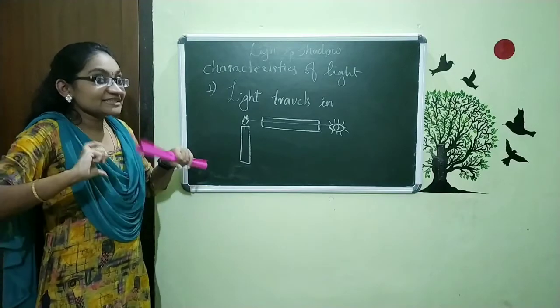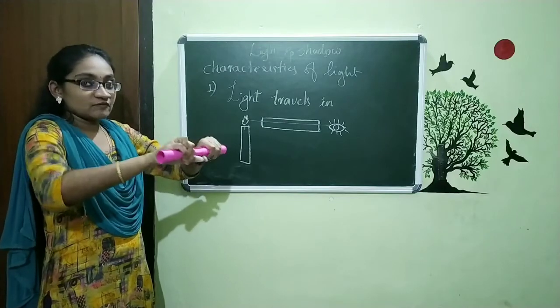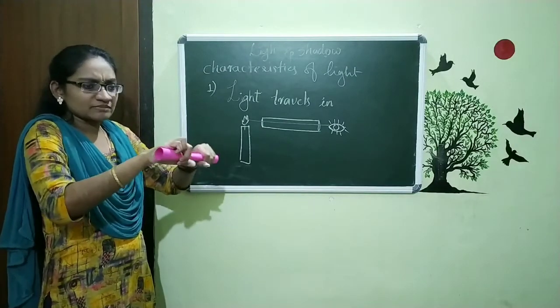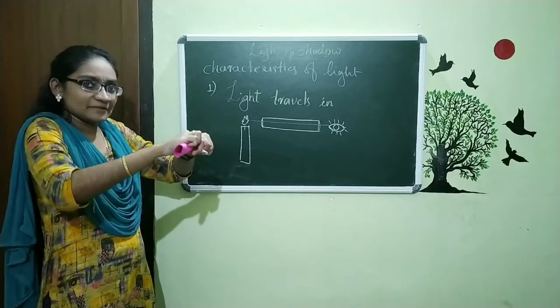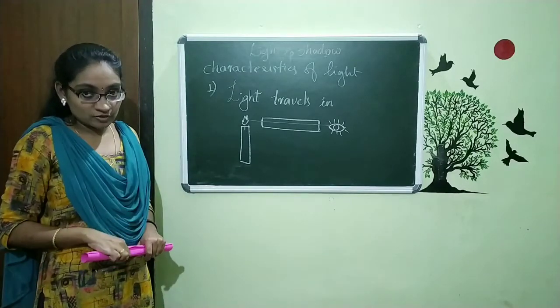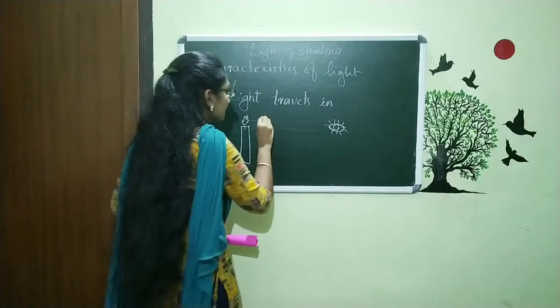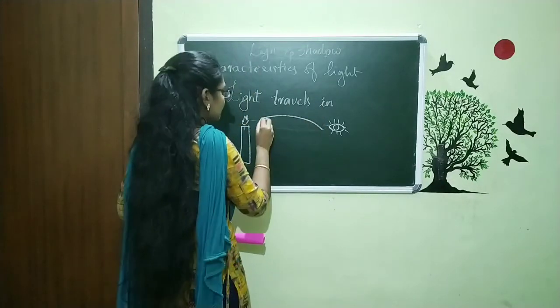Now, in the second setup, I am going to bend this. That means when this is a rubber tube or something, when I twist this or when I bend this, is it possible to see this light? That is my question. That means I am going to bend this pipe.